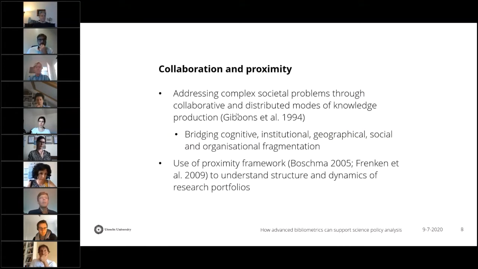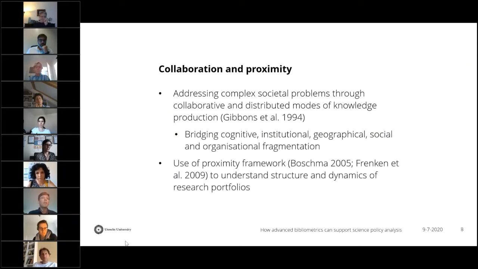And it has been previously proposed that one can use a proximity framework to understand this fragmentation, or whether those distances are actually present, and also to see how this can be overcome, or how this is changing over time.